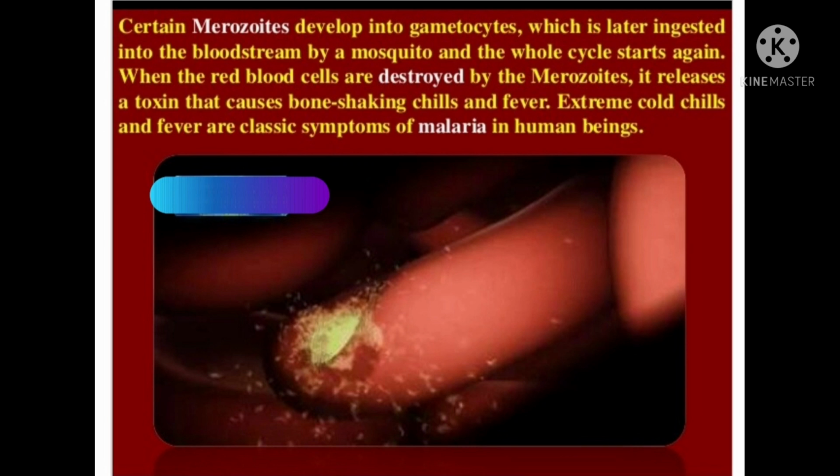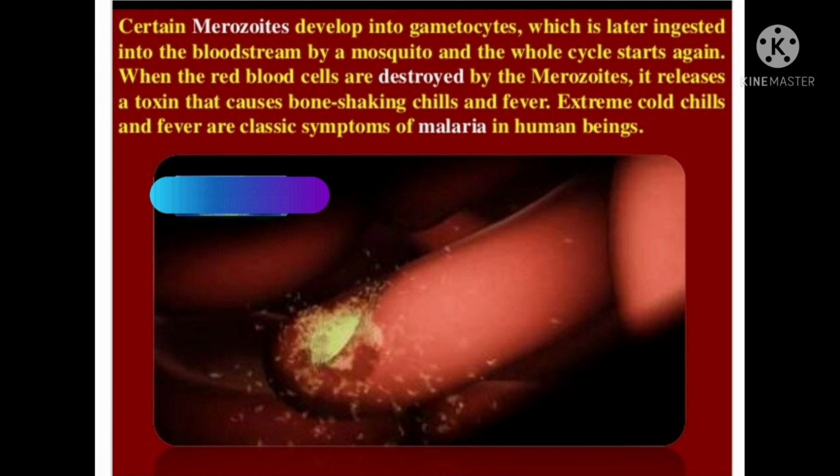Certain merozoites develop into gametocytes, which are later ingested from the bloodstream by a mosquito, and the whole cycle starts again.